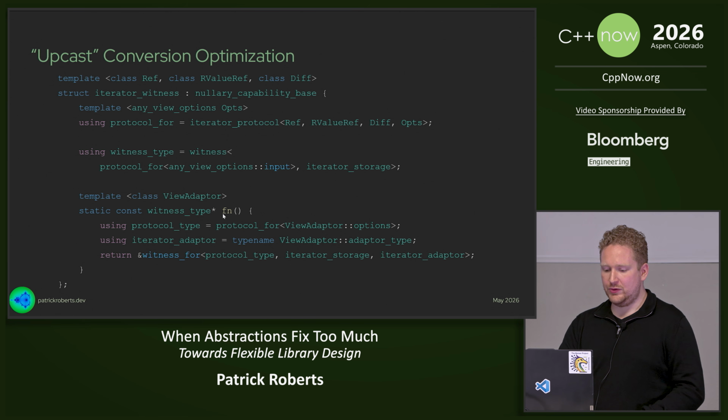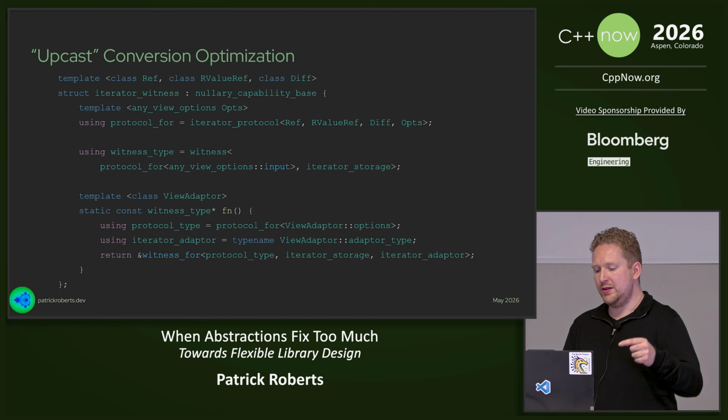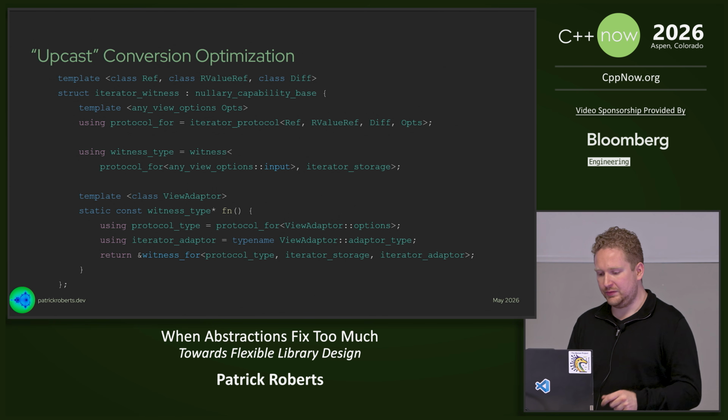So when you dispatch and obtain the witness table pointer, what you're doing is you instantiate the value template here and then get a pointer to it and just return that. It's doing a base class conversion to the input iterator table, and then in the context where it's known to be an alias of an actual derived class, you then downcast it again in that context.